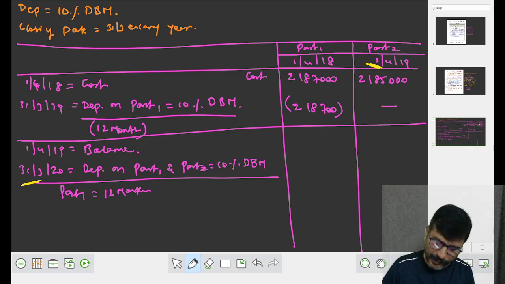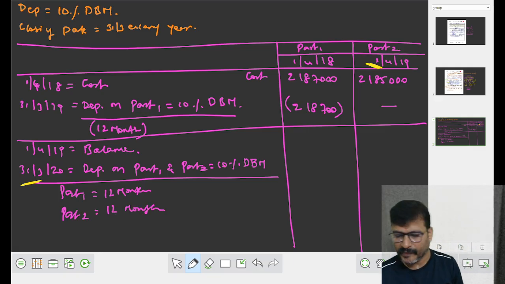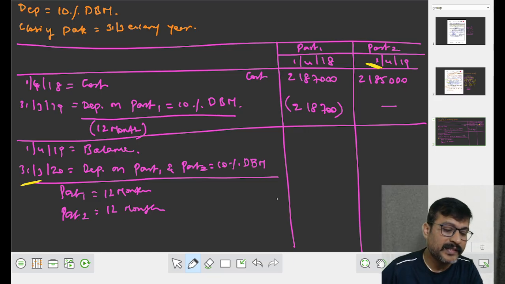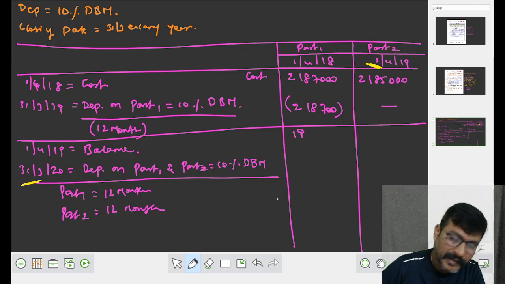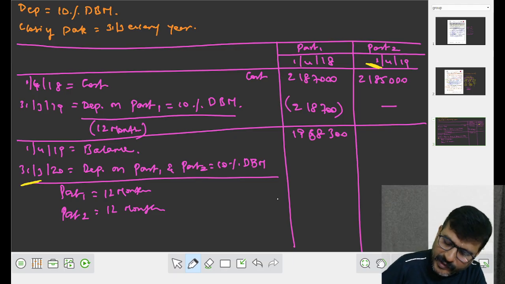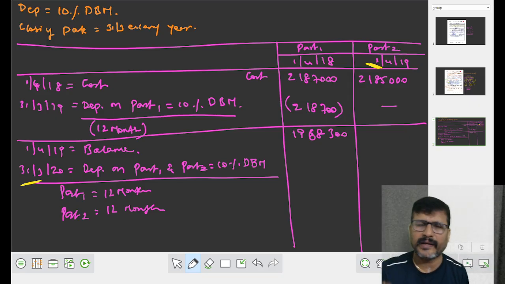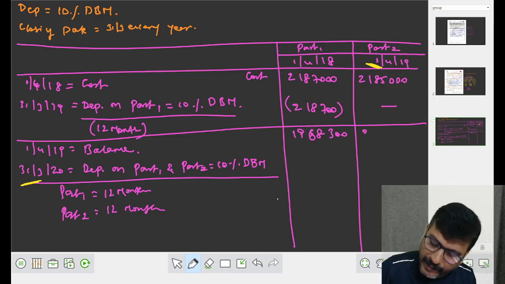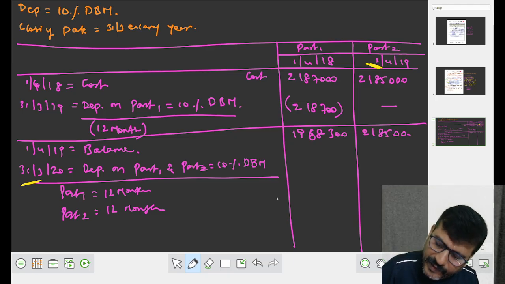It is nothing but how many months? Again, part 2 is of 12 months, means 1 year. So, you have to work out a balance of this. The balance comes to rupees 19,68,300. Please, my dear children, use the calci and work out the balance. Here the balance comes to 21,85,000.